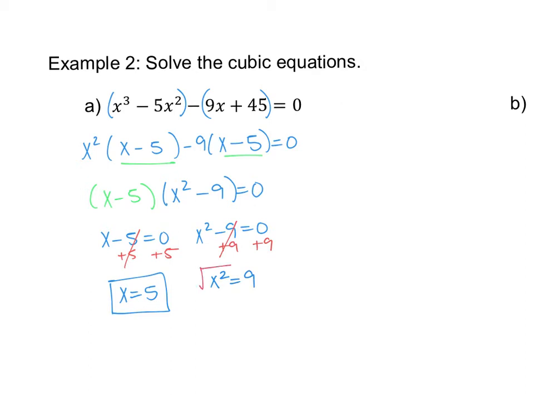Then I have to take the square root to get rid of the square. The square root is going to give me a plus and minus. The square root of 9 is a perfect square, so that's going to give me a 3. So it looks like x equals positive 5, positive 3, and negative 3. And so there are 3 solutions here.